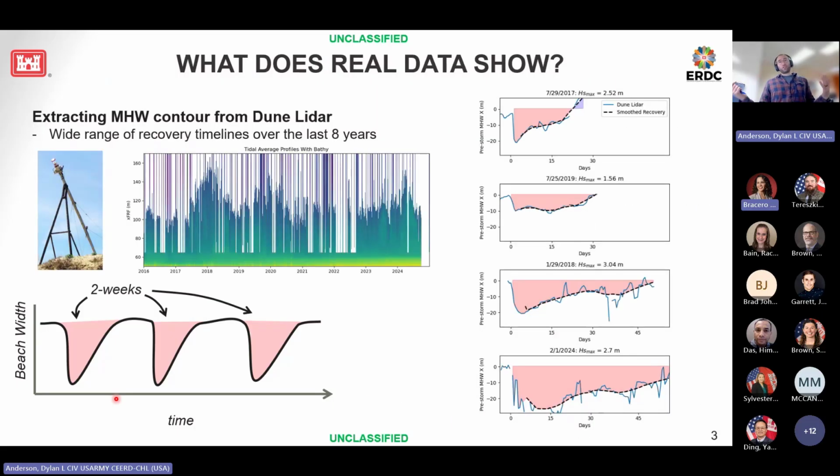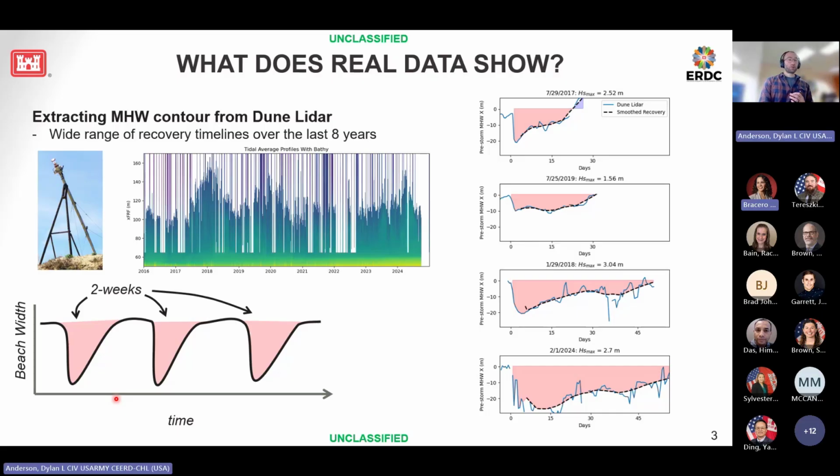And if we actually look at what happens in the real world, I'm now using a dune LiDAR data set from the last 8 years at the Field Research Facility. This is basically the highest temporal and spatial resolution of coastal erosion and recovery processes that exist in the world.